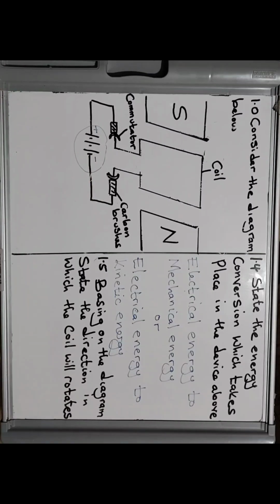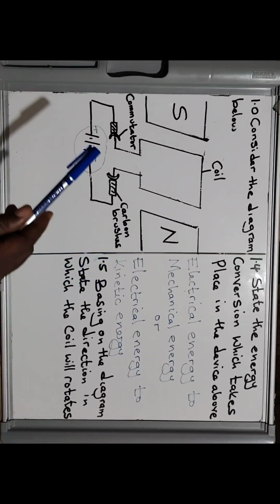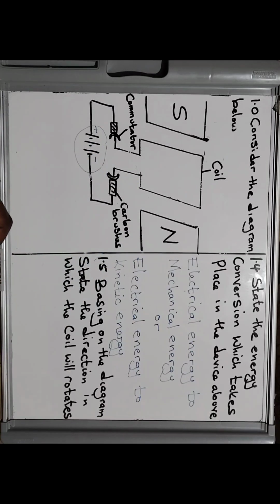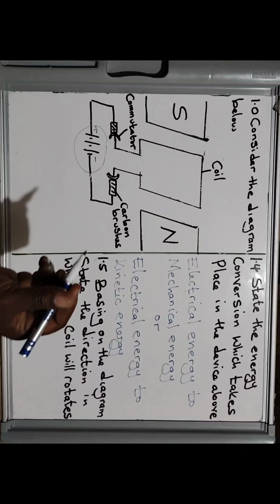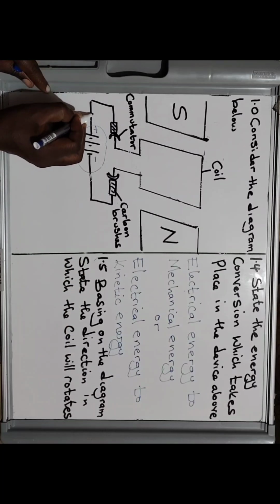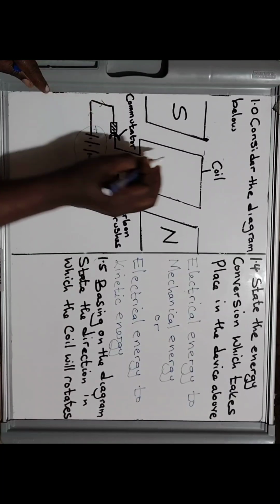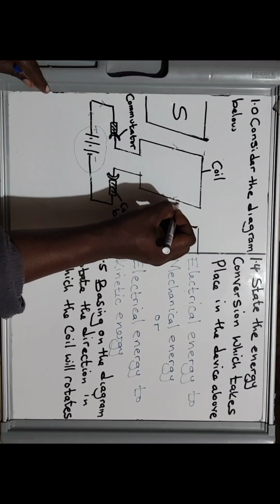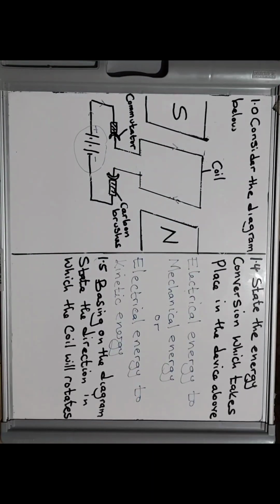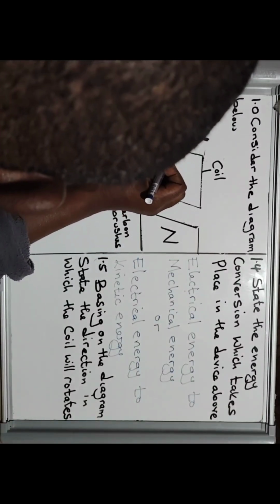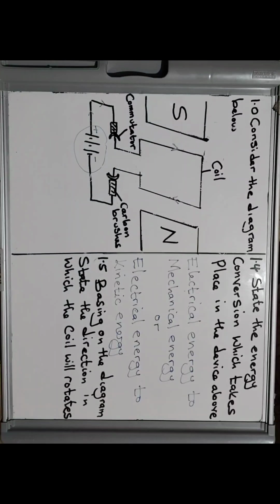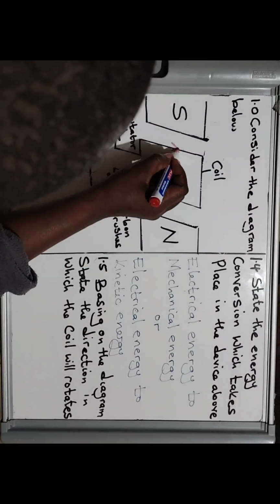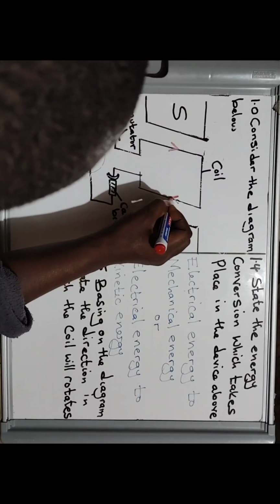And you have to remember that these derivations were made using conventional current. Conventional current flows from the positive side. So on this branch, it will be moving up, and on this branch, it will be moving down.